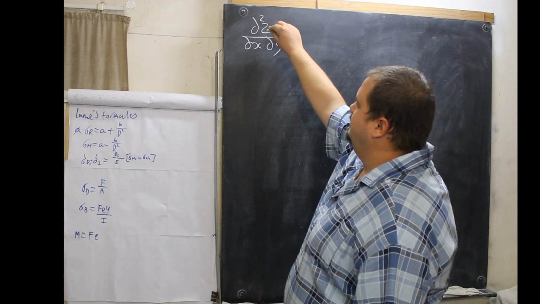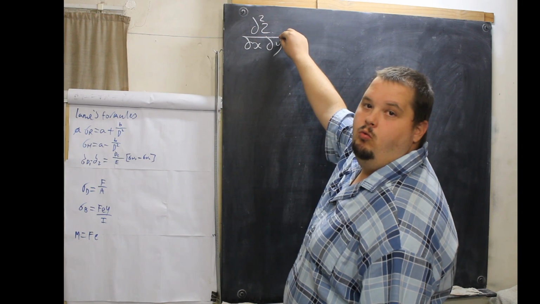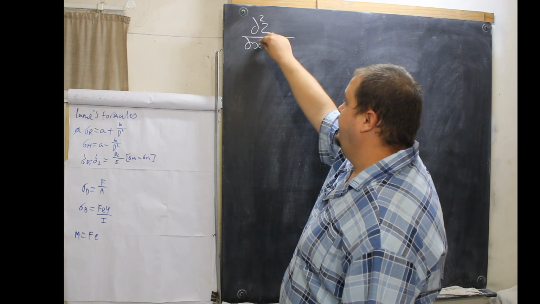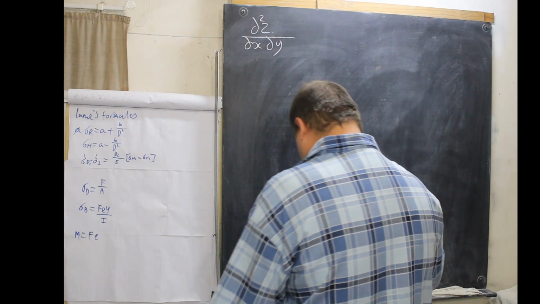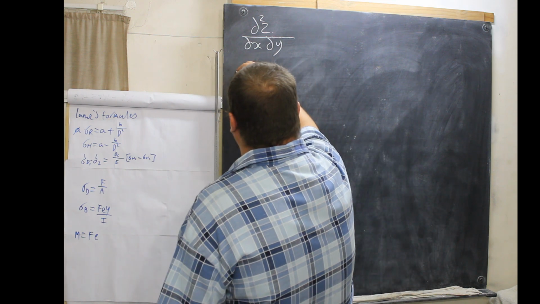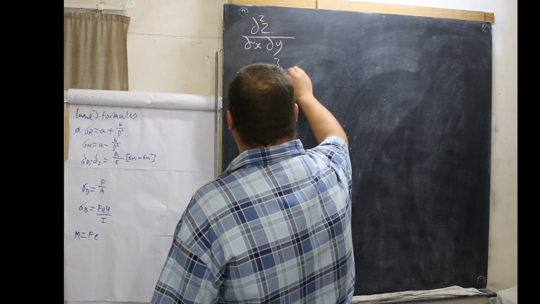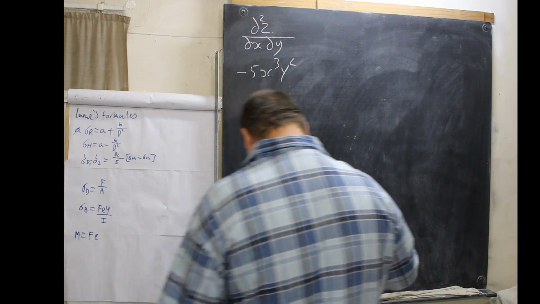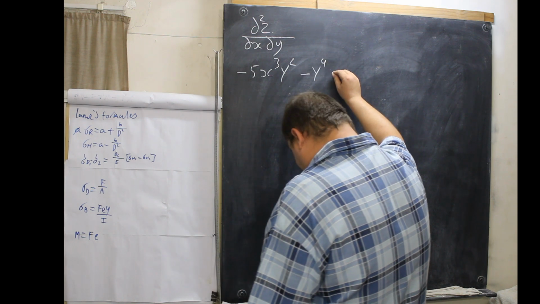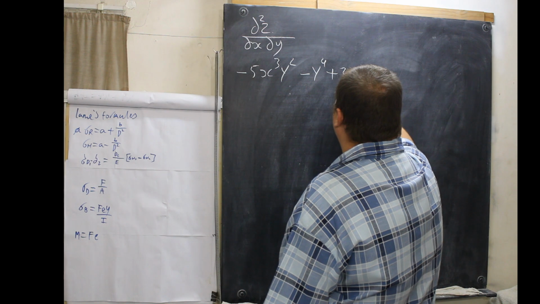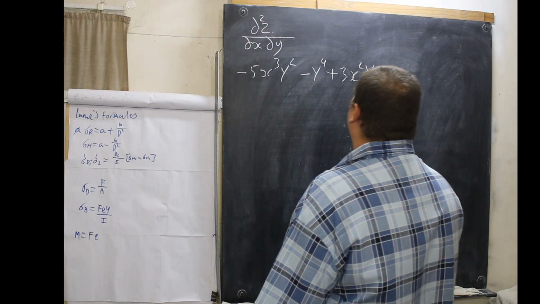So what they want us to do is differentiate with regard to x, then differentiate with regard to y, or y and then x, depending on what you would like to do. But in this case it's x. So the sum is minus 5x cubed y squared minus y to the 4th plus 3x squared y.